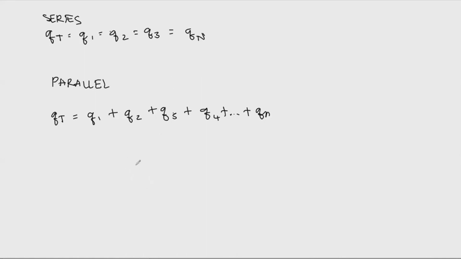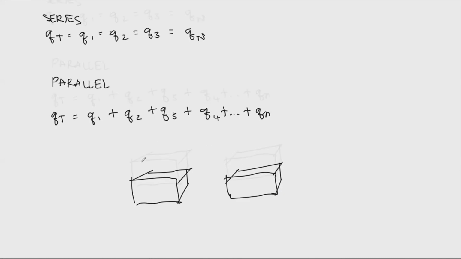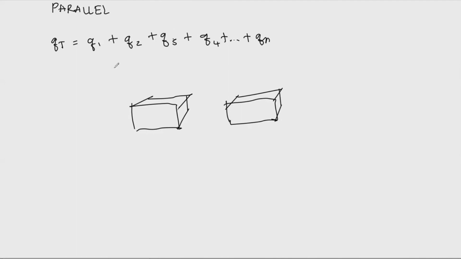So I won't be giving another problem solving, but of course you still have to study something like this. If I have something like two slabs here, and I wanted to ask you what is the total heat of conduction, that's just the question.